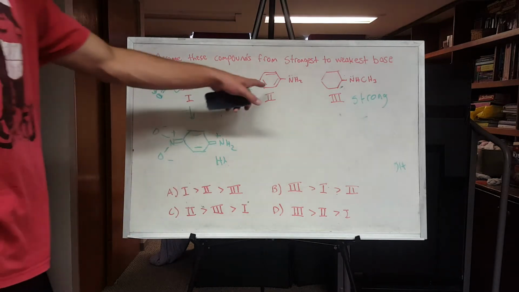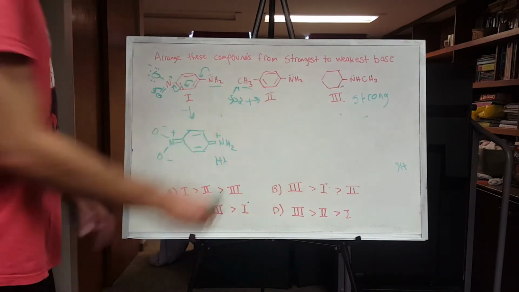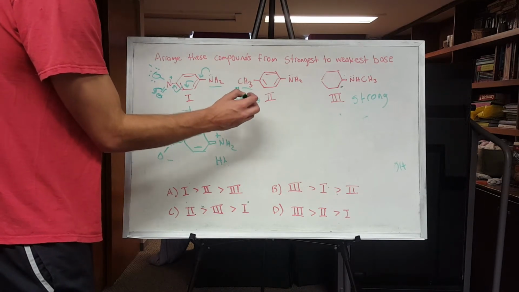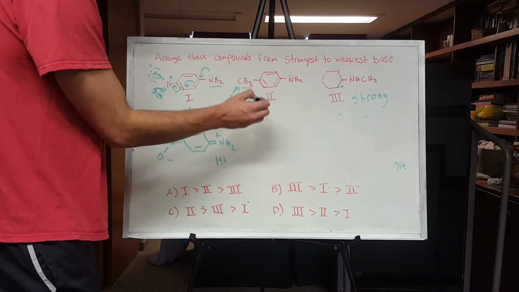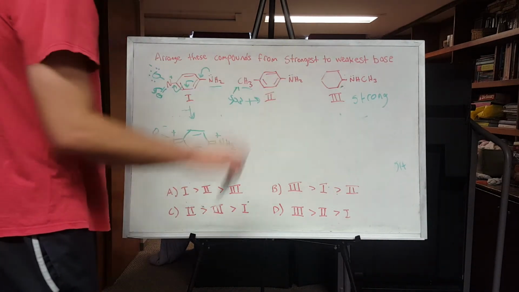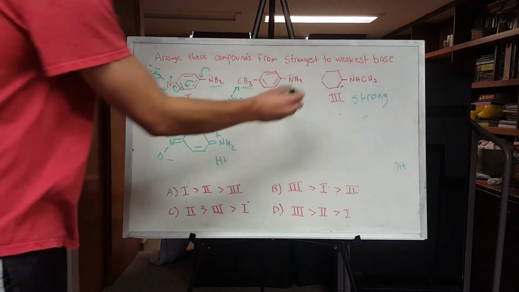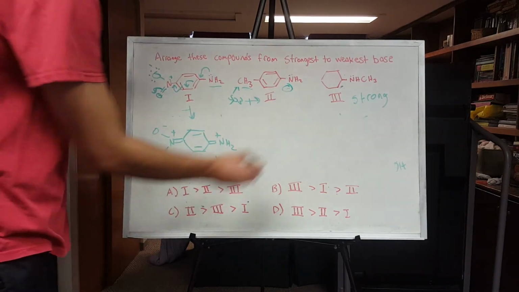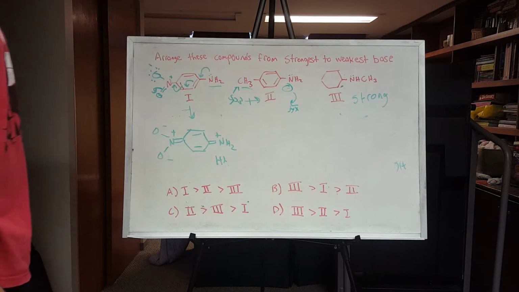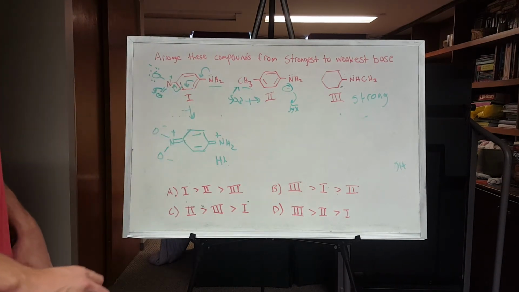The idea is this ring is more electronegative than the methyl, right? So it just pulls a little electron density to itself, putting electron density closer to the end, making a little more negative charge here, which we're trying to pick up a proton. So a little partial negative charge will help us pick up a proton, making it a little more acidic.